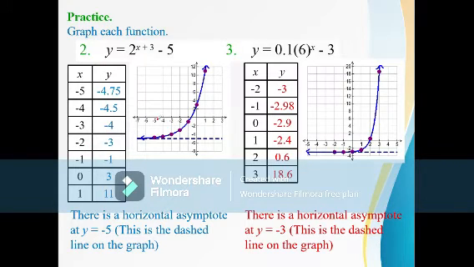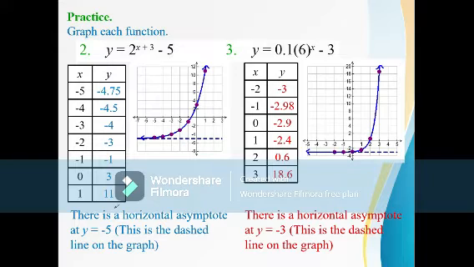If x is negative 2, y is negative 3. Then if x is negative 1, y is negative 1. So we have it here. If x is 0, y is positive 3. If x is 1, then y is 11.